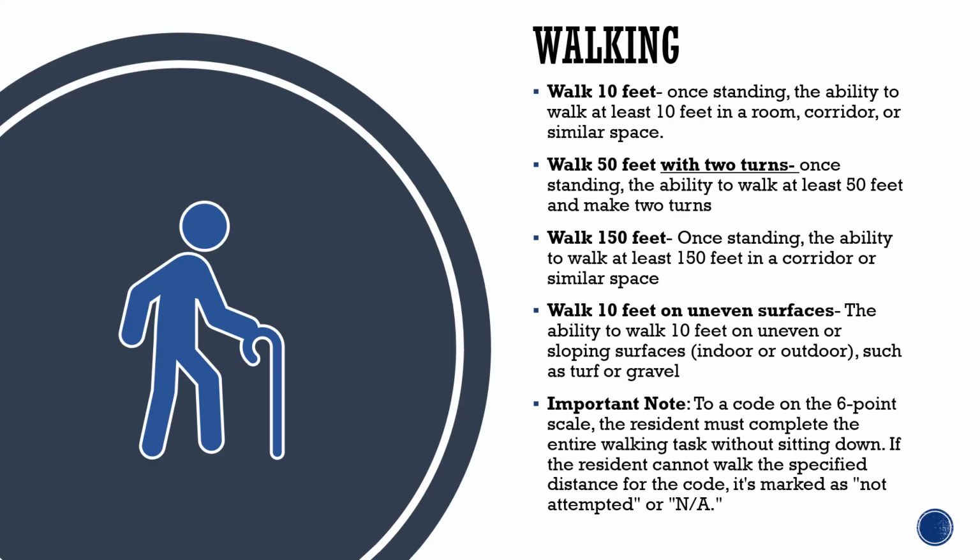This can be done indoor or outdoor, and it can be done in areas such as turf or gravel. It's important to note when coding the 6-point scale, the resident must complete the entire walking task without sitting down. If the resident cannot walk the specified distance for each one of the codes, it should be marked as not attempted or NA.